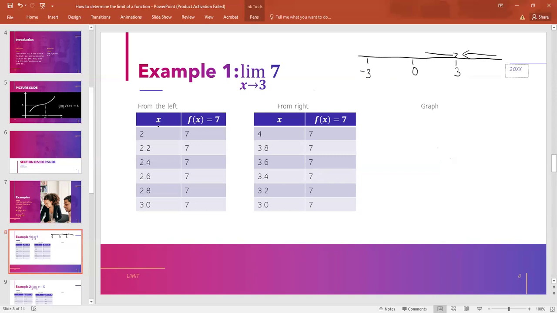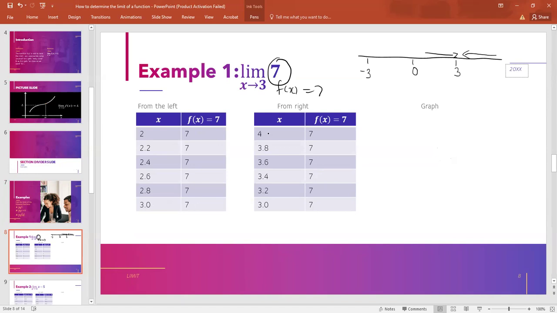So from the left, we have, for instance, x equals 2. At x equals 2, the value of our constant function is 7. So f of x equals 7. At 2.2 we have 7, 2.4 we have 7, up to 3 we have 7 as well.